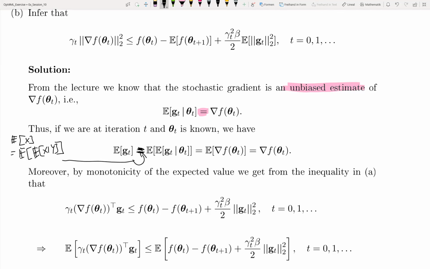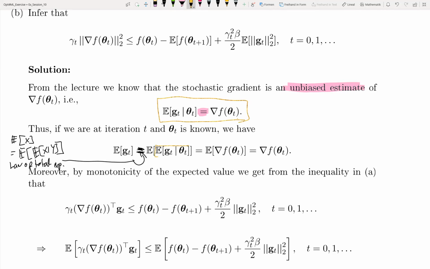This is what we do here. This is the law of total expectation. We have encountered this a couple of times in the lecture, and we use this here as well. And then, why do we use it here?